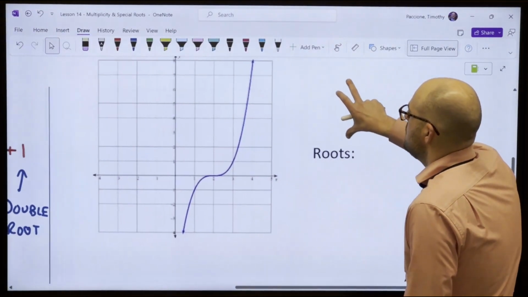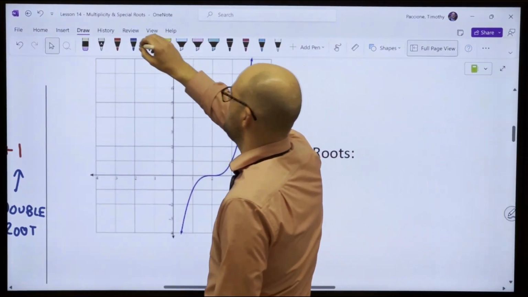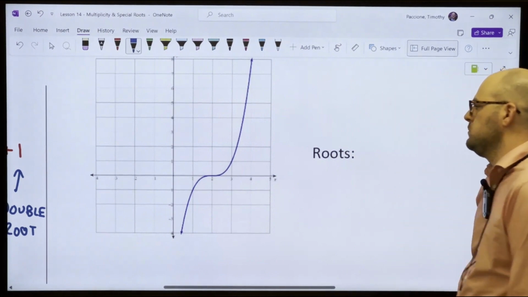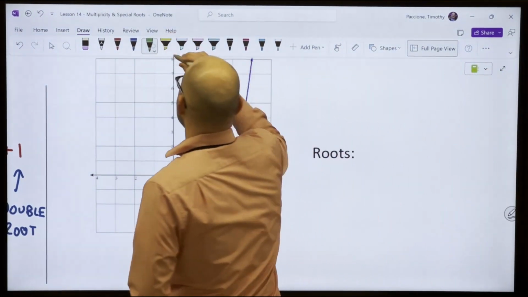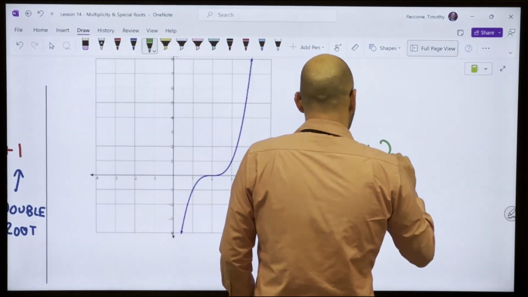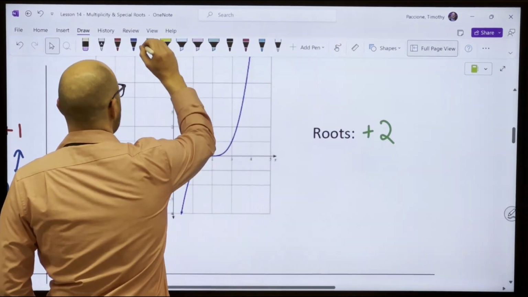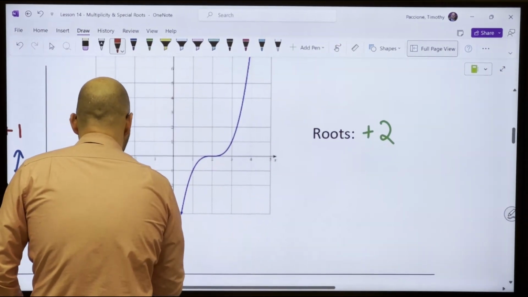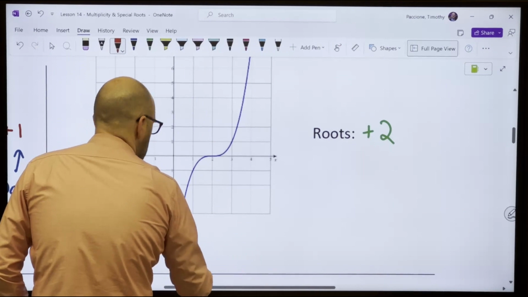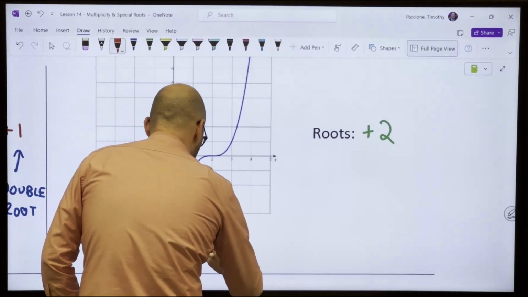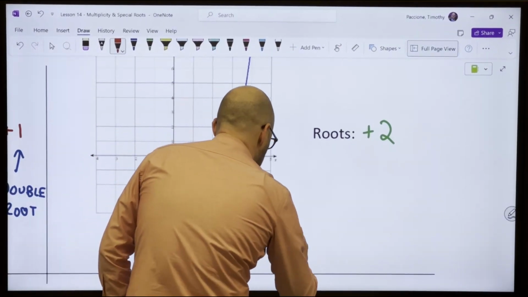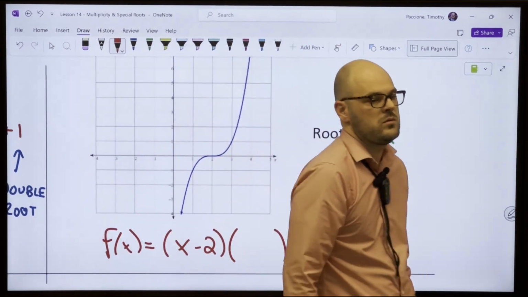All right, let's look at the other one. Here, I've got an even more complicated situation. What are the roots that I see? Just 2, right? Positive 2. And I'm still supposed to get to this cubic function of f of x equals x minus 2, and then 2 other roots, right?